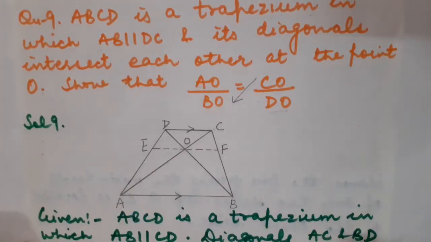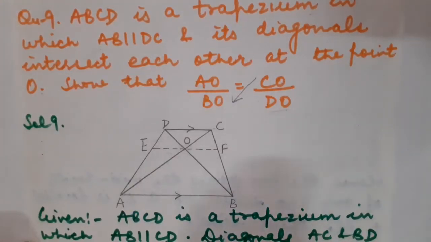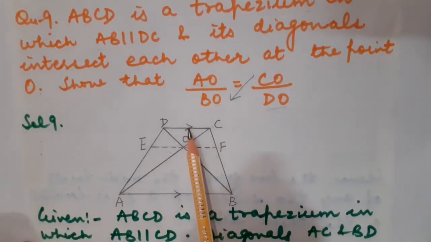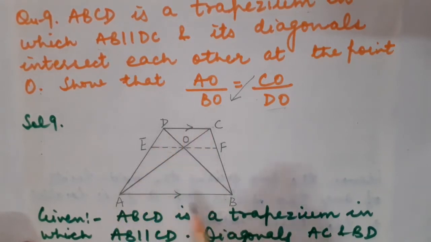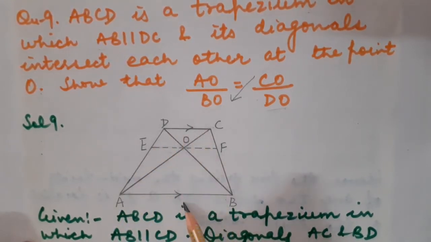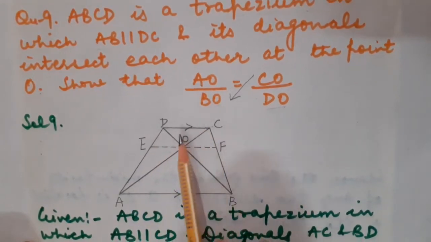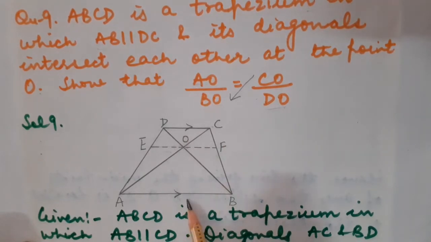So children, to prove this theorem, I have drawn one line, that is EOF, which is parallel to AB. So definitely it must be parallel to CD as well, because ABCD is a trapezium in which AB and CD both are parallel. So if EOF is parallel to AB, it must be parallel to CD as well. So these three lines are parallel to each other.